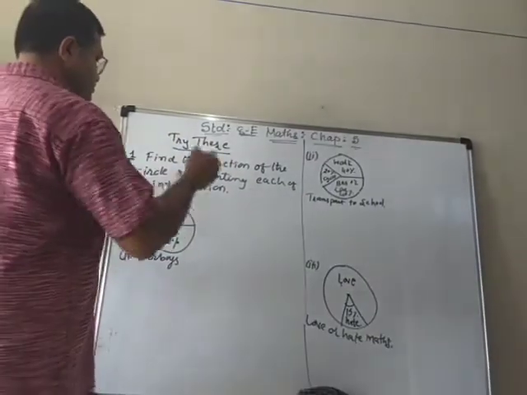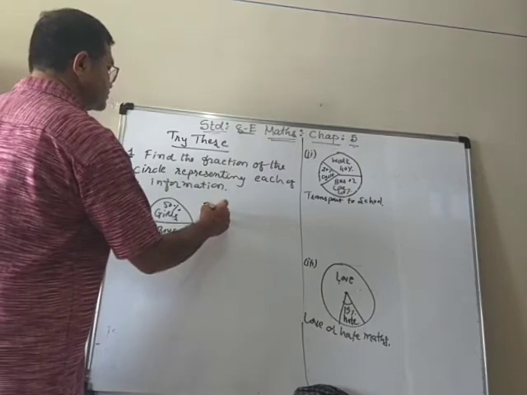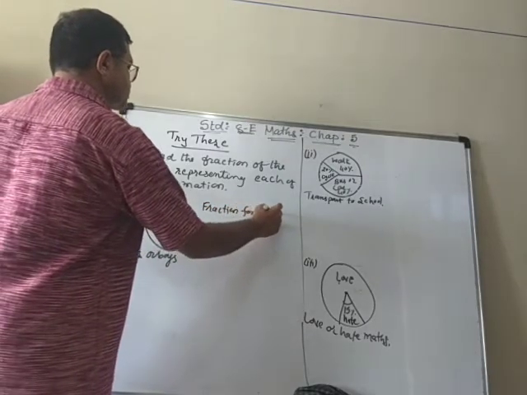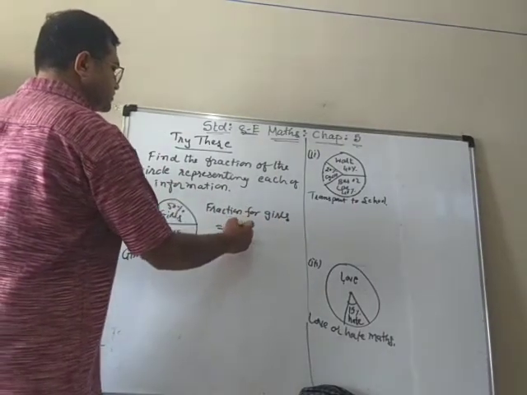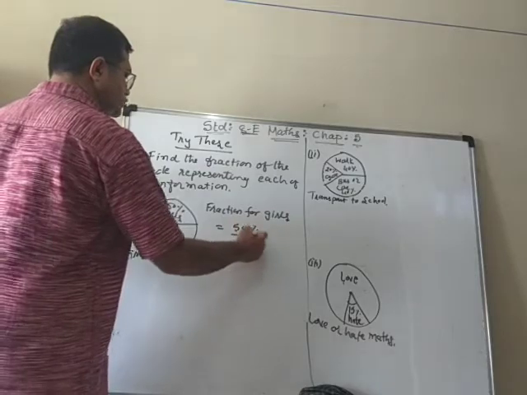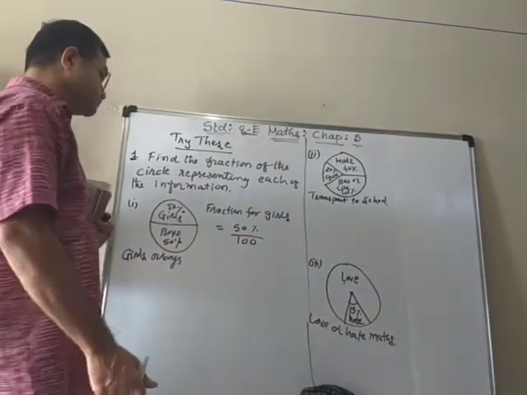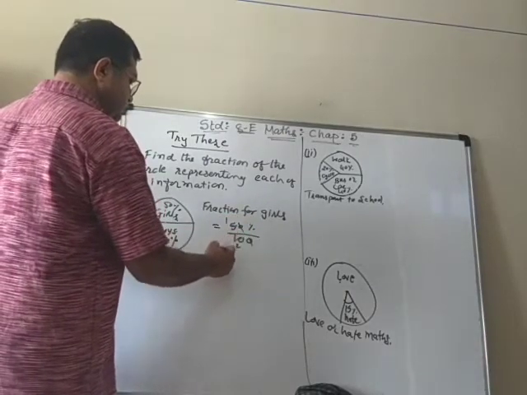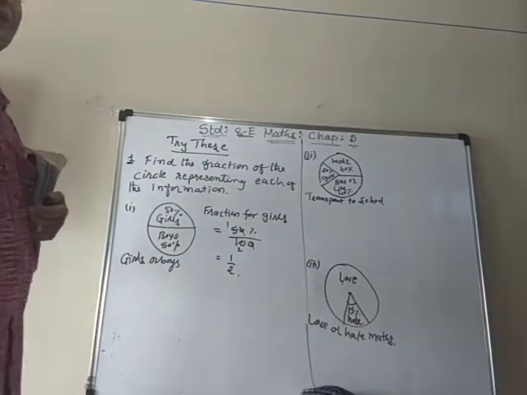So here the fraction for girls. 50% are girls out of total 100, because 50 plus 50 is 100. So if you cancel it, you will get the fraction for the girls as 1 upon 2.